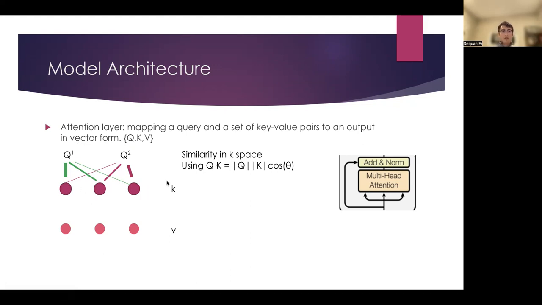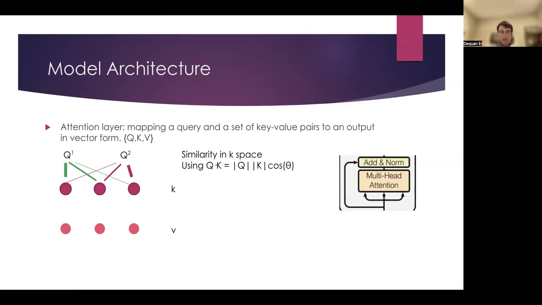How do you calculate the similarity? You do the dot product, which is q·k, your query dotted with your key. This is the cosine, basically how close they are. If theta is 0, cosine is 1, then they're very close.